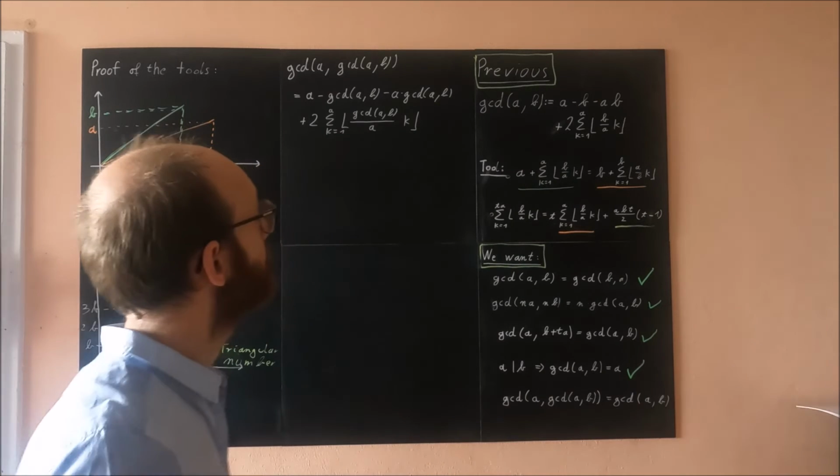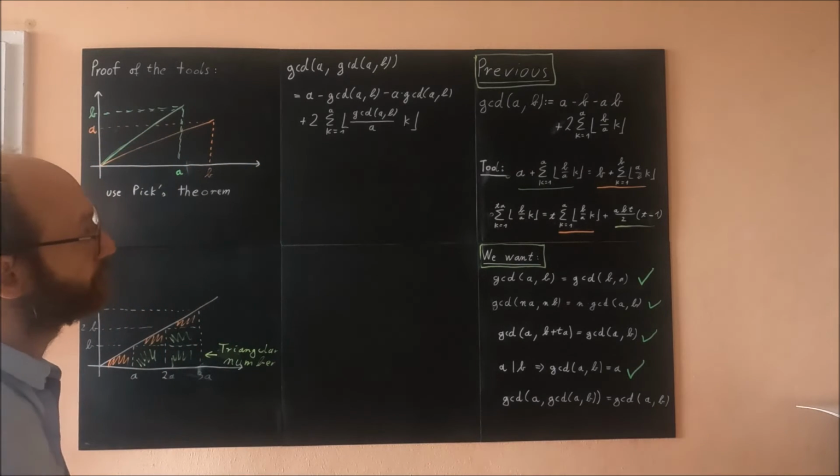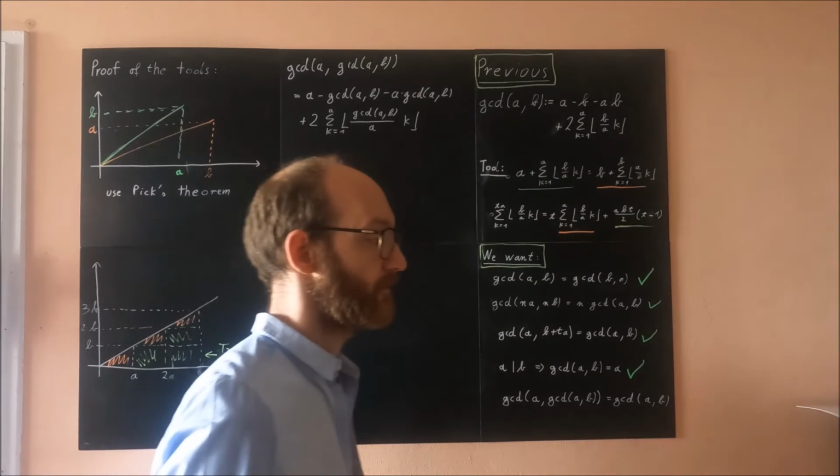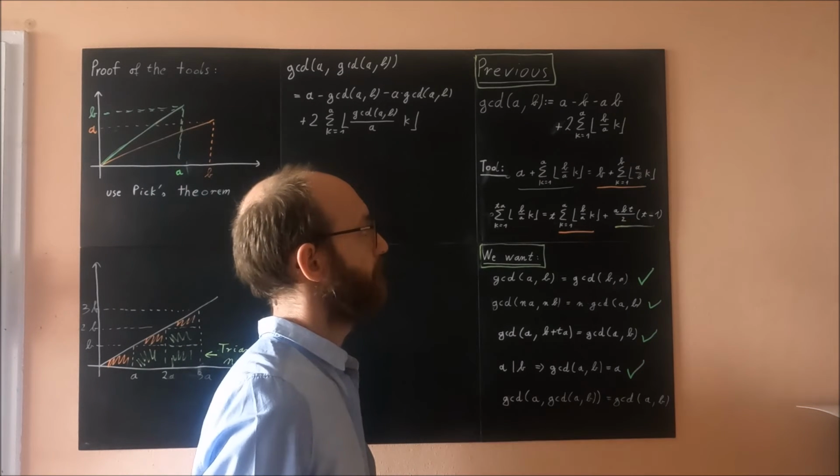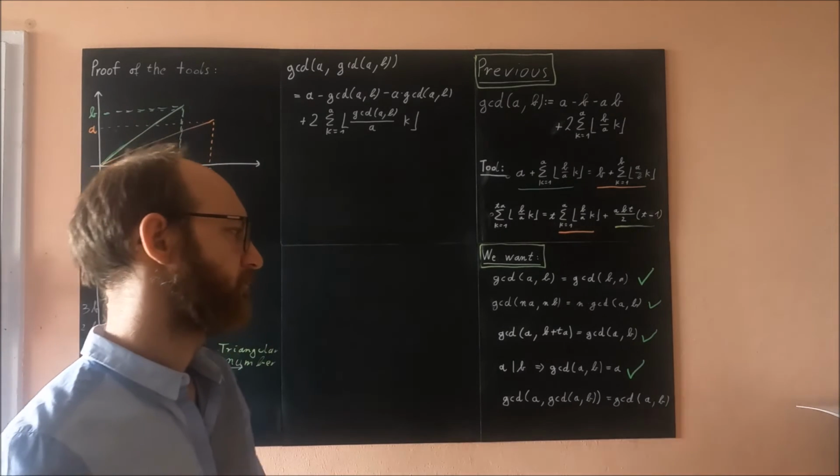Now what can we do here? We use a property of the GCD. We haven't shown it here.